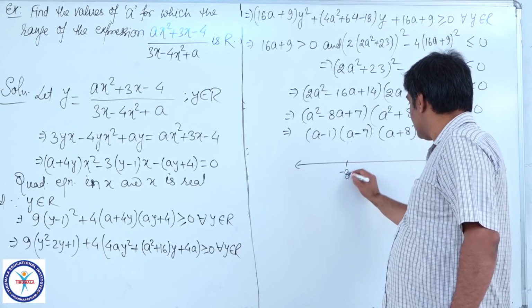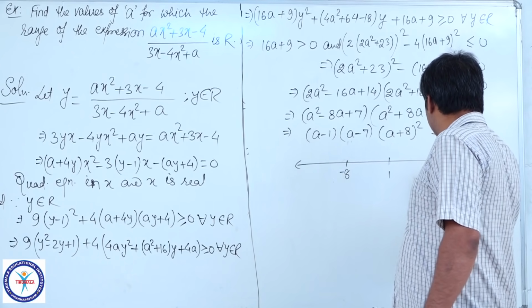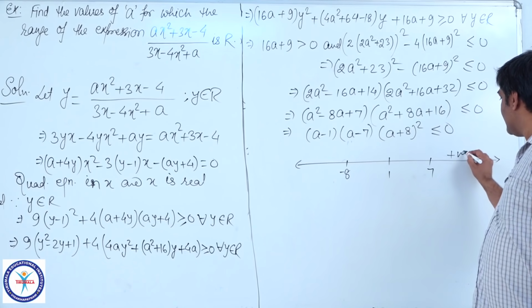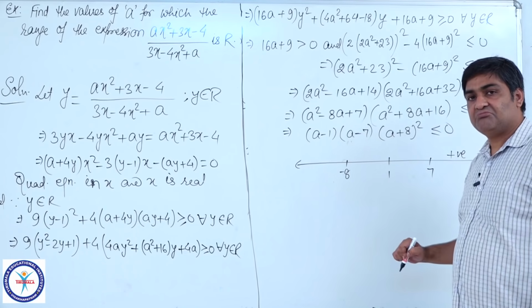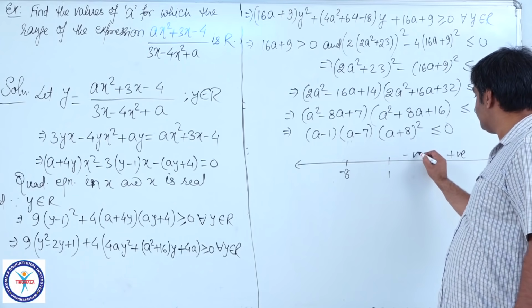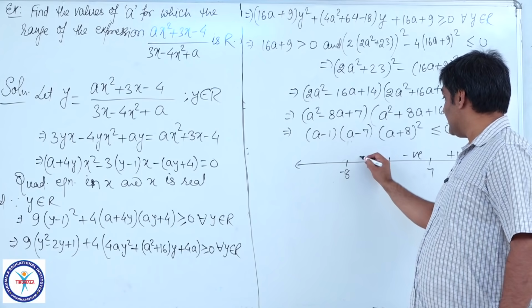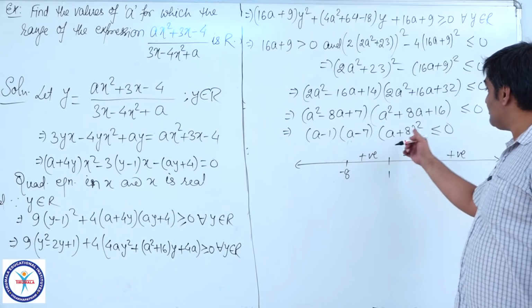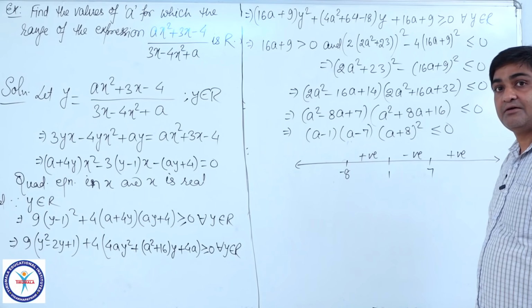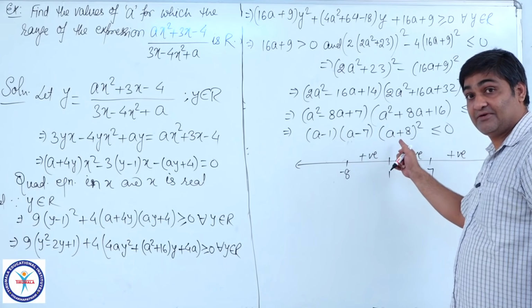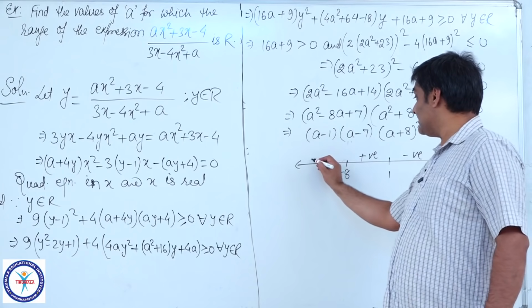Minus 8, 1, 7. Put any value of it, say 100, positive. 7 is one time, sign will change. 1 is one time, odd time, sign will change. And what about minus 8? Minus 8, 2 times. So sign won't change.